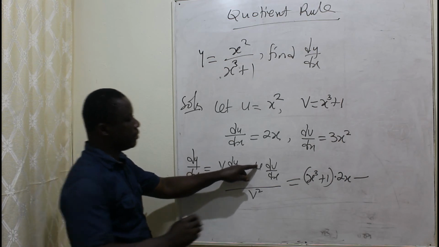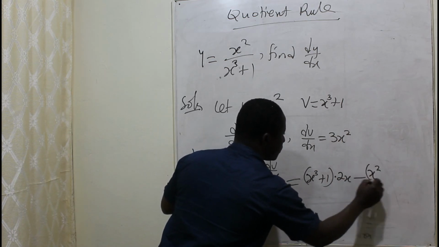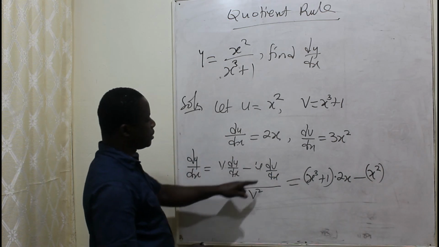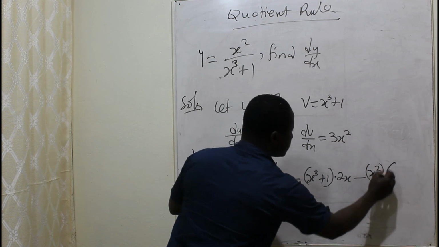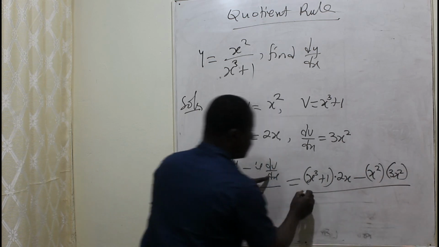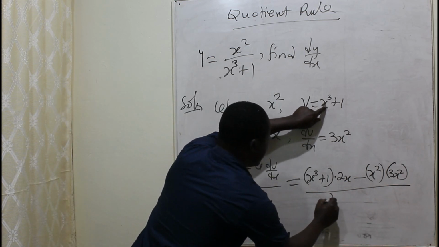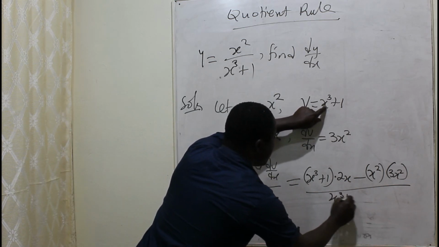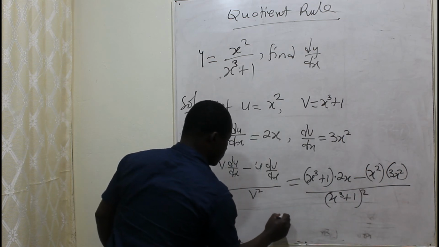And what is our u? x squared times dv/dx. And dv/dx is now 3x squared, all over v squared. And our v is now (x cubed plus 1) all squared. Good.